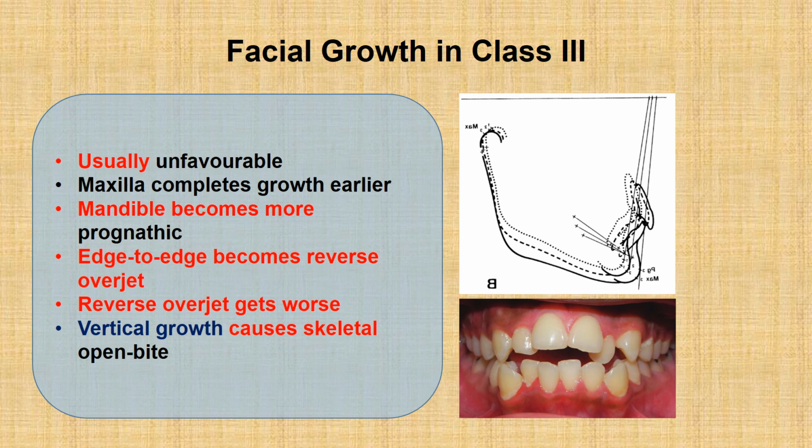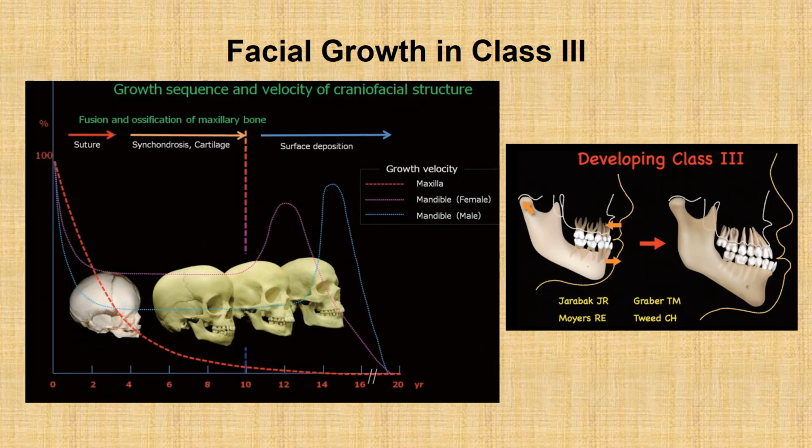Now, if the patient has an edge to edge incisor relationship, this will tend to become worse or becomes a reverse overjet with continuing growth, and similarly a reverse overjet tends to get worse with continuing overgrowth. Now, if there's also vertical growth occurring in the mandible, then this may give rise to a skeletal open bite.